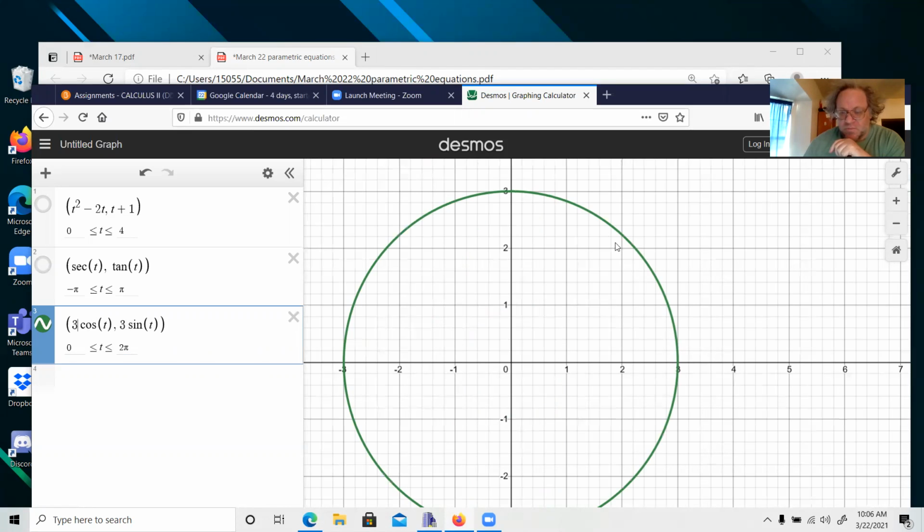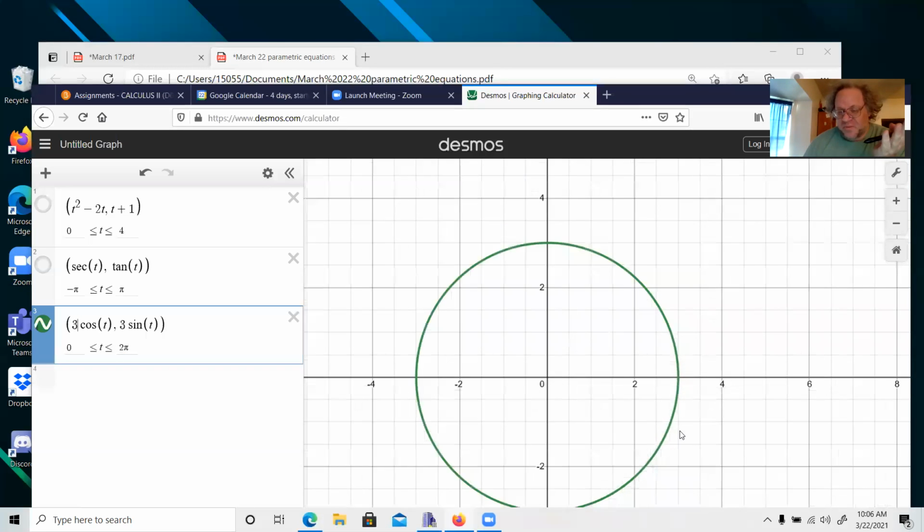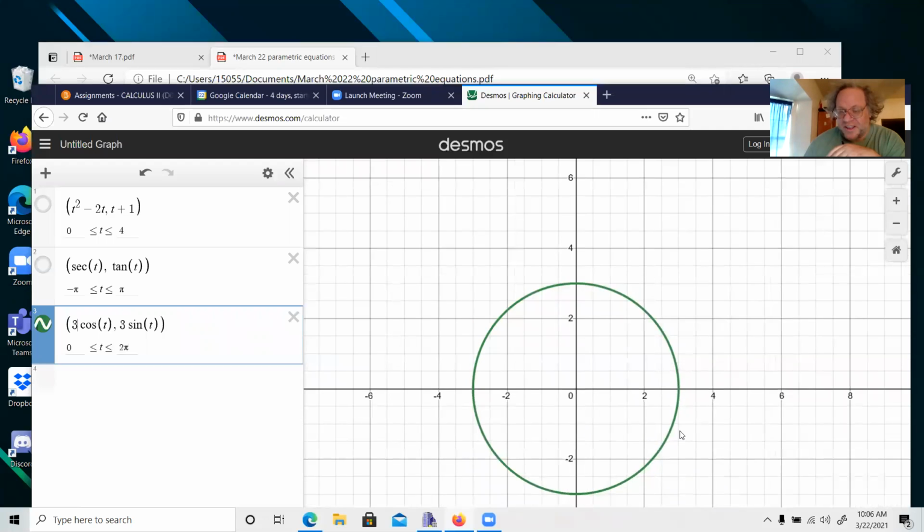And again, our little arrows here, which we're not going to write on Desmos, go from 0 and go up and back around. That's just to give you an idea of what this is supposed to look like. Now when you want to change it back to eliminate the parameter, you've got a target to aim for.